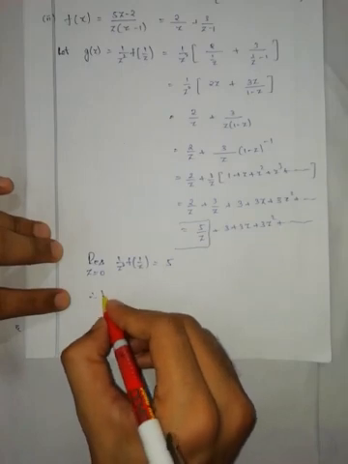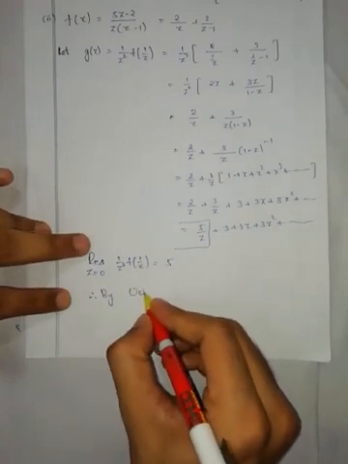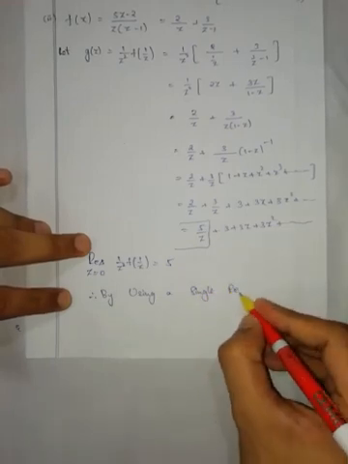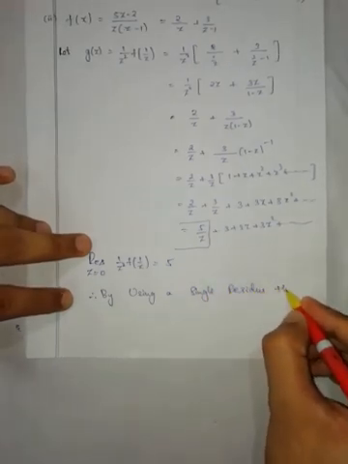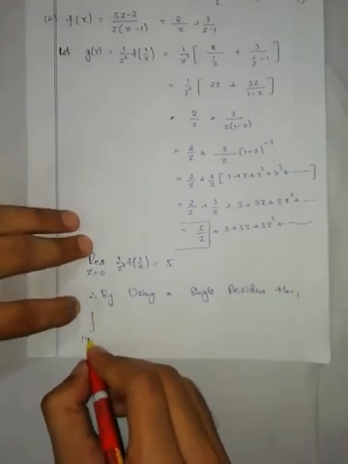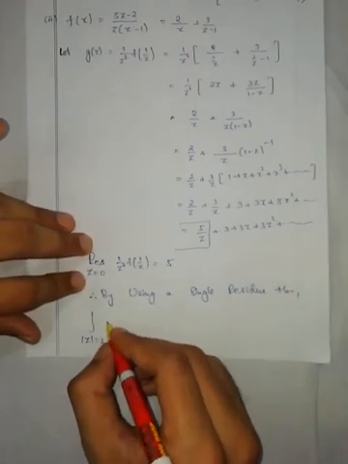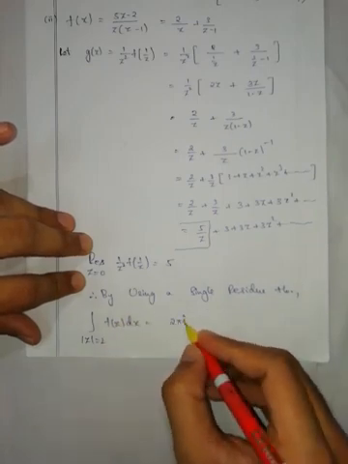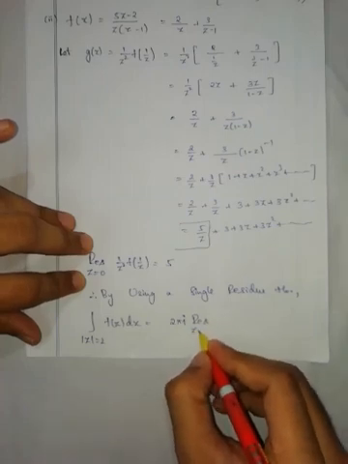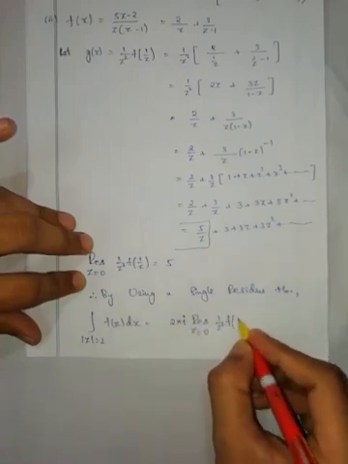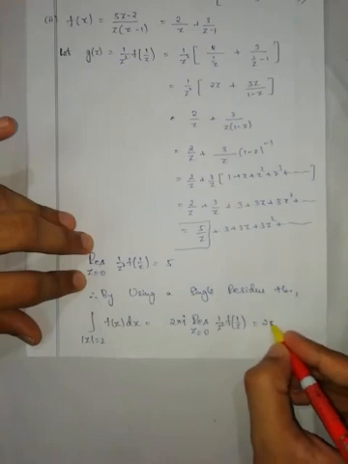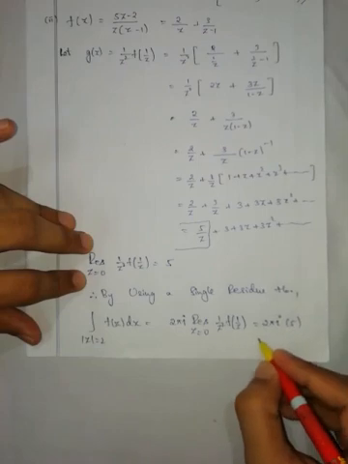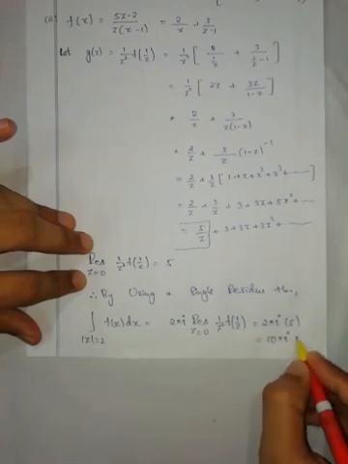Therefore, by using the single residue theorem, integration over modulus of z is equal to 2 of f of z dz is equal to 2 pi iota times the residue at z is equal to 0 of 1 by z square f of 1 by z, which is equal to 2 pi iota times 5, which is equal to 10 pi iota.